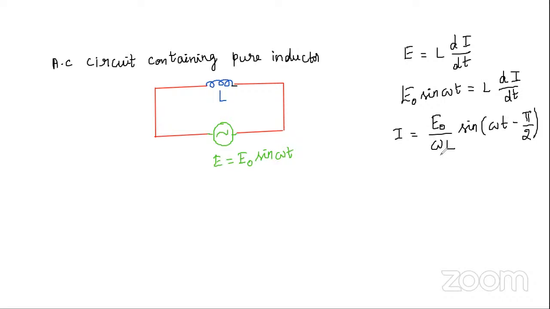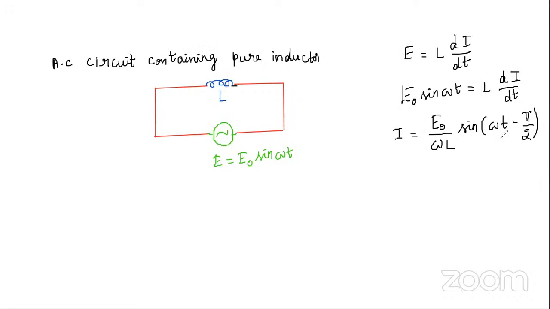So in this equation, you can see that there is a phase difference of 90° between the EMF and the current. So from this equation, you can understand that voltage leads the current by a phase angle of pi by 2 or 90°.